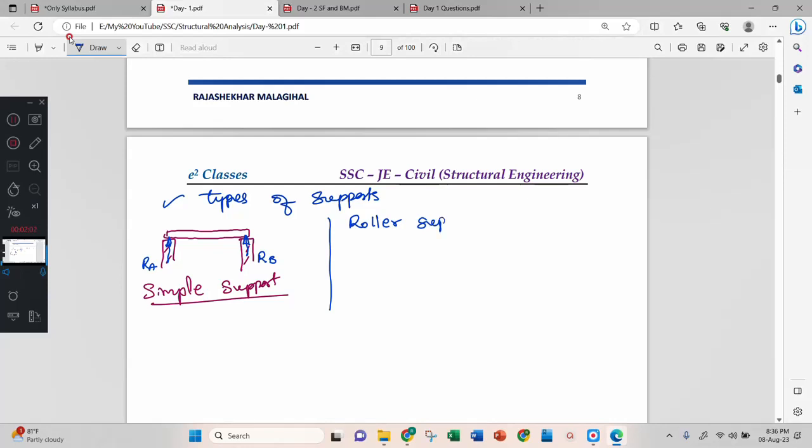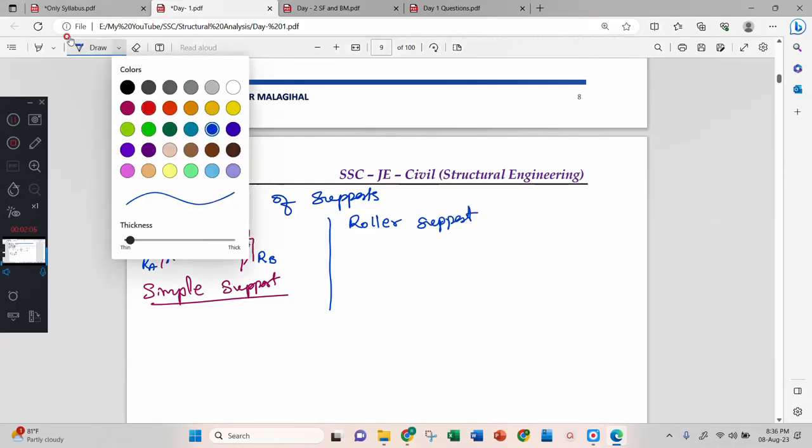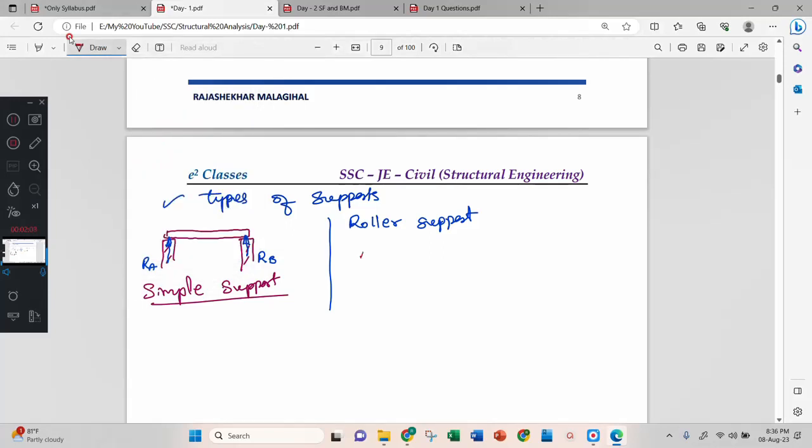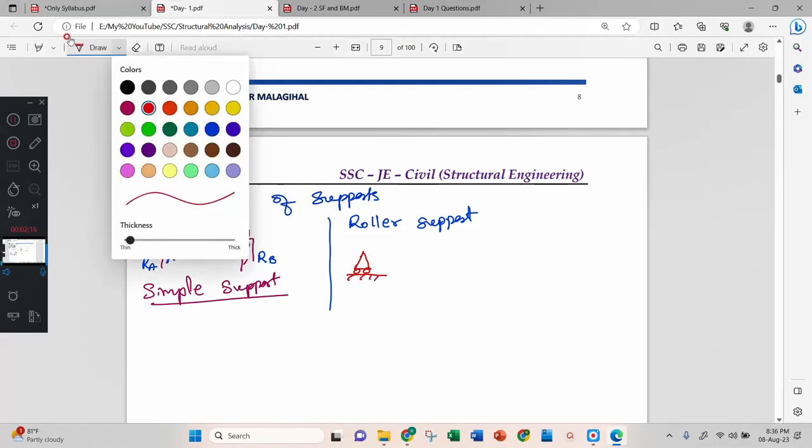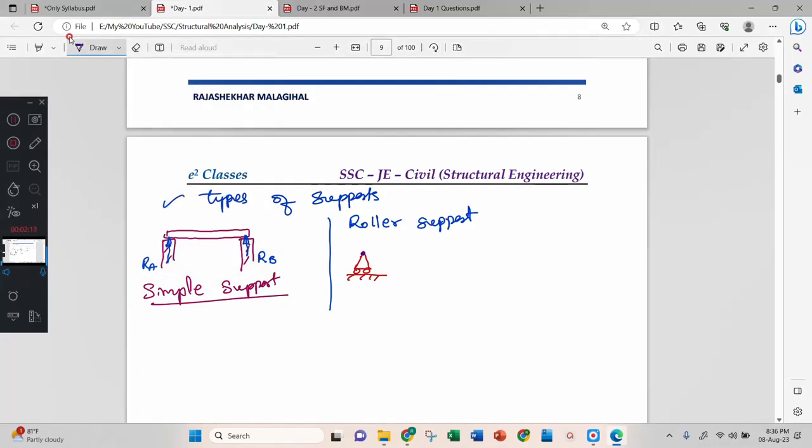Roller support. When you see the roller support, it looks like this. Very interestingly, at the top you are seeing one point, and the beam will come from here. At this point it is pinned. Don't call it a hinge support, but it is pinned here.